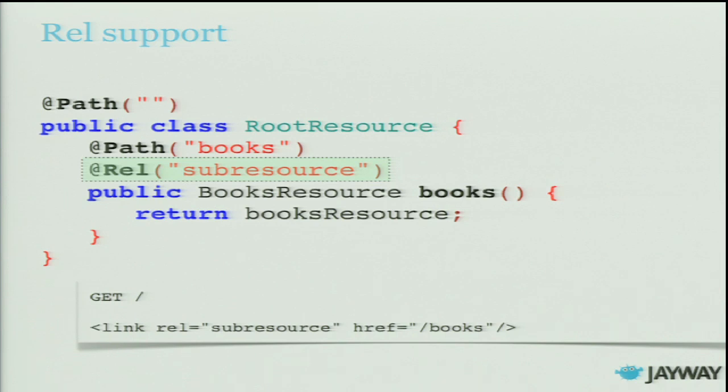So you specify the relationship to that URI. And then what you do is you group your methods in different resources, and the things that are in the same resource have the same link, the same relationship. So let's look at a more complete example.